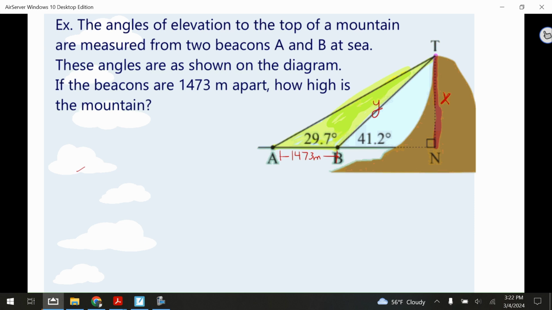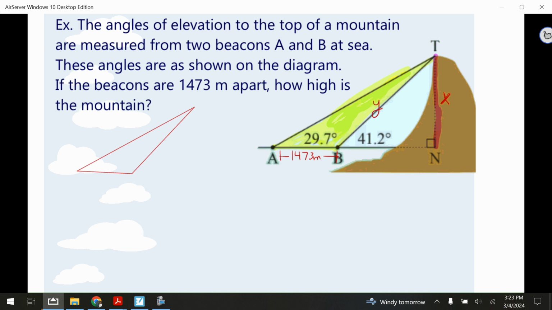So I'm going to redraw that triangle. Here it is. I would like it a little flatter, so I'm going to fix this a little bit. Okay, so let's do some labeling.